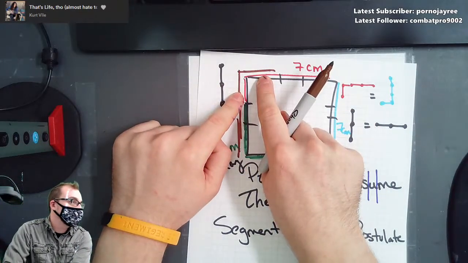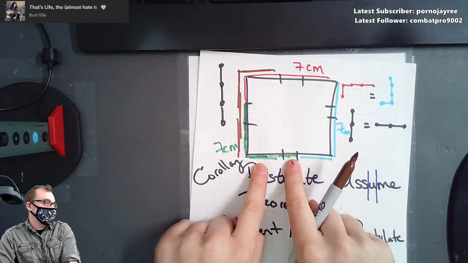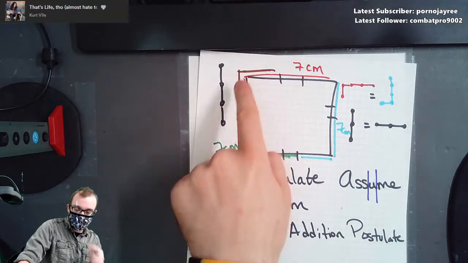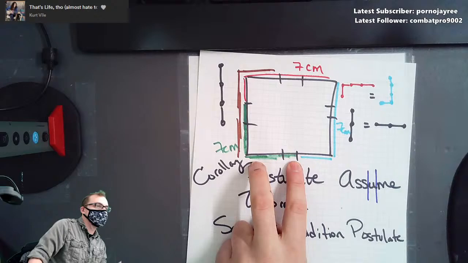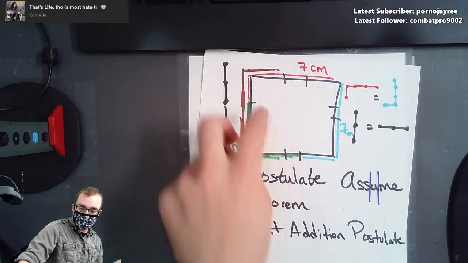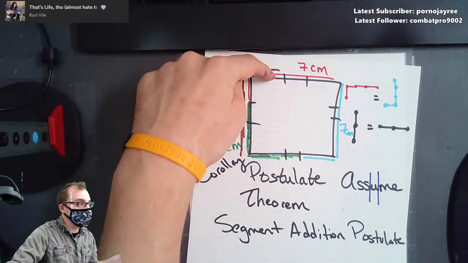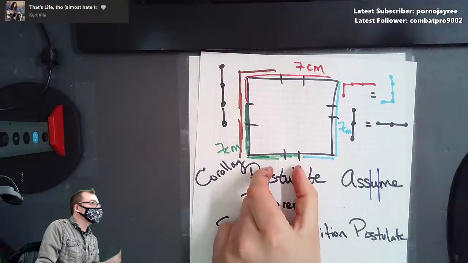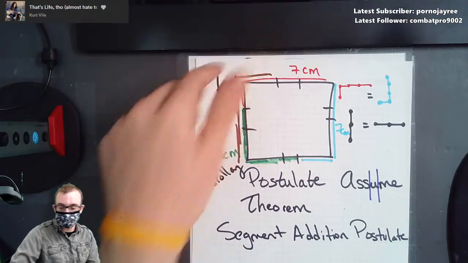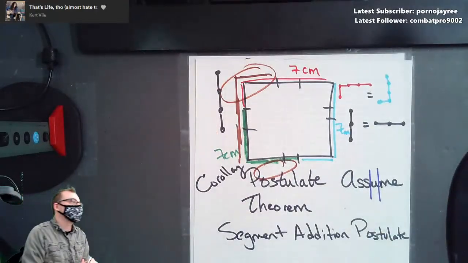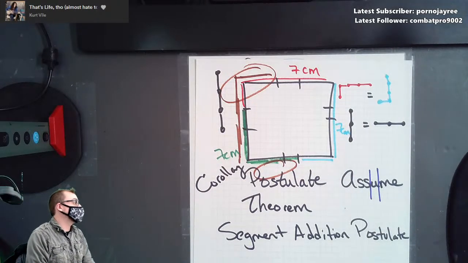Are you with me there? But I need to add on 2 later. Wait a minute. If I need to subtract 2 because I overlapped, and then I need to add on 2 later, how about we don't say we did, right? You see how the red is 7, the blue is 7, and this is 7 as well, with an overlap of 2 and then missing 2? Why subtract and then add when you can just say, look, that overlap is just going to take its place down here. That's another way to know that it has to work that way.